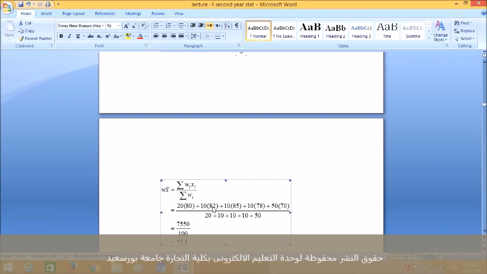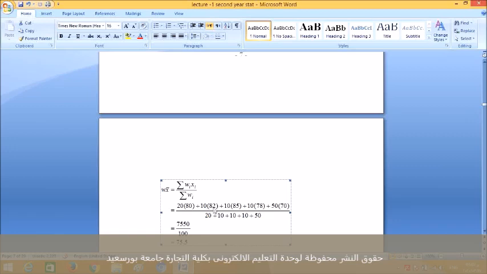plus 82 multiplied by 10. 10 is the weight of the monthly exam. So we have 3 monthly exams. Every score must be multiplied by 10.